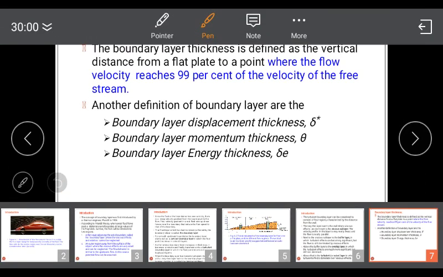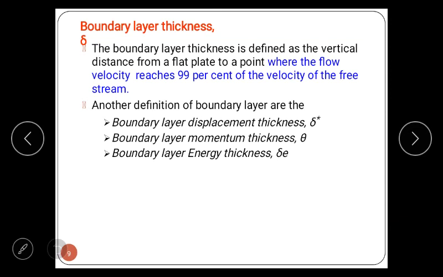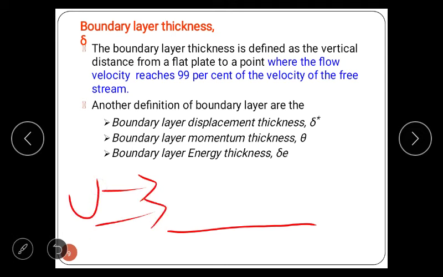Let's again take the same example, that it is a plate and fluid is flowing over that plate with free stream velocity U. Now the velocity distribution is like this, we know that velocity distribution.